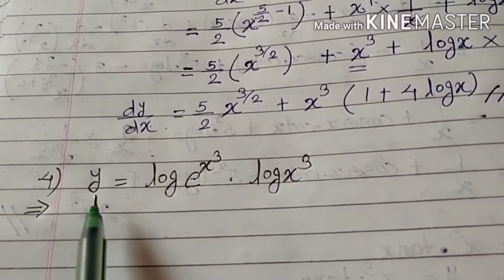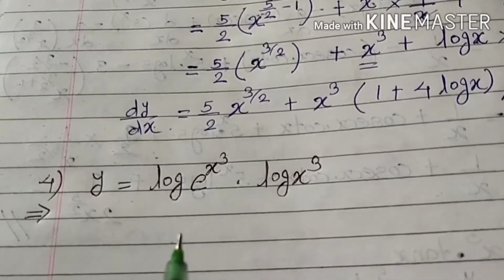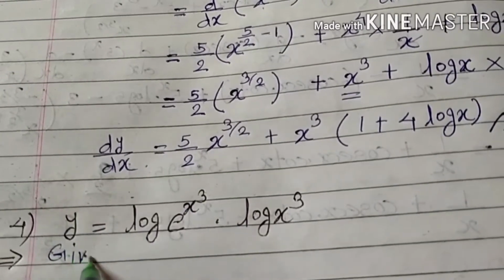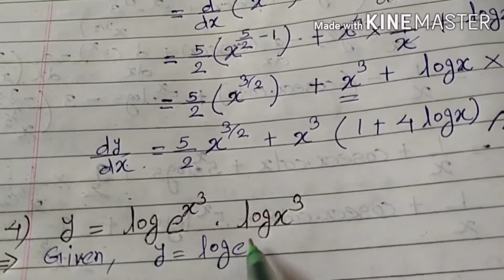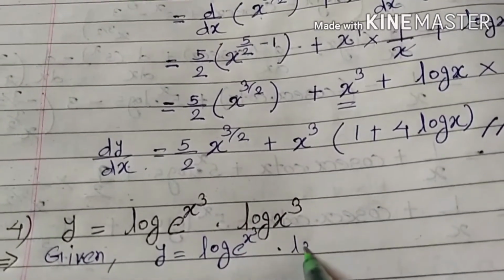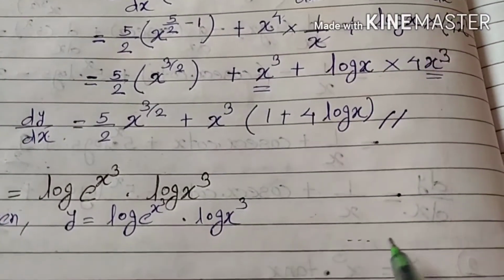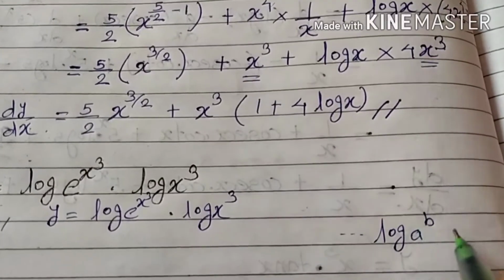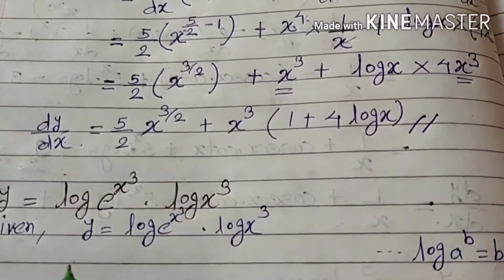Now next example, y is equal to log e raised to x cube into log x cube. So first write it given. Now use here rules of logarithm, that is log a raised to b is equal to b log a. It is called jumping law also.